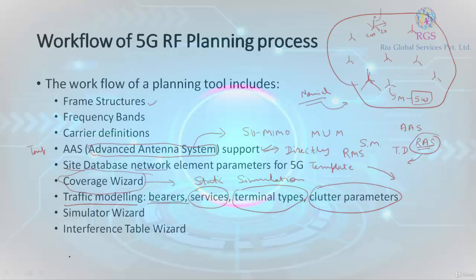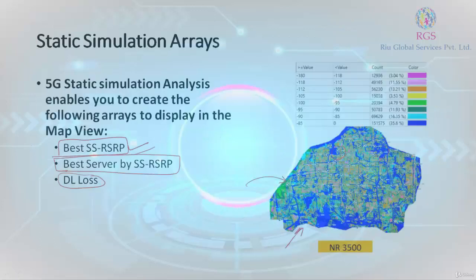Along with that, you can also input the interference from the live network, or you can run the interference using an interference wizard from the tool also. And after that, when you run the simulator wizard, it is going to give you dynamic simulations.